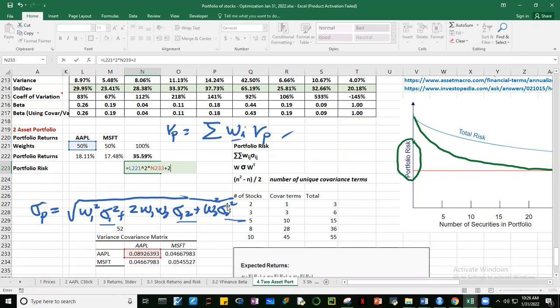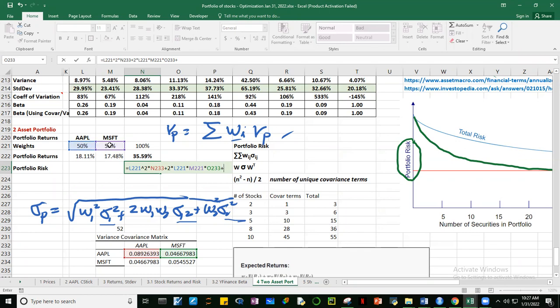Plus 2 times W1 times W2 times covariance of 1, 2. So you either one of this. Covariance of 1, 2, I'll just choose this. And then plus ito na susunod, no?